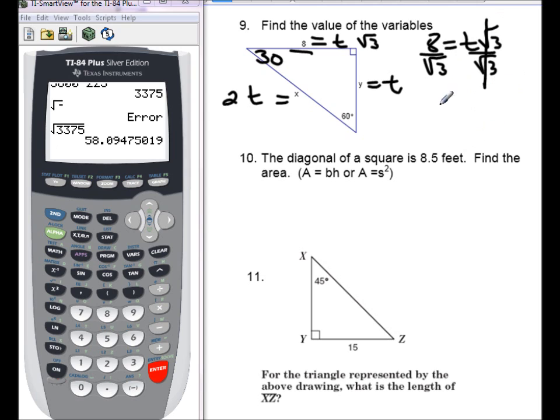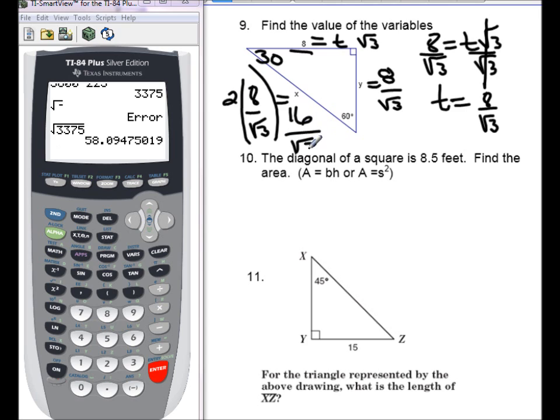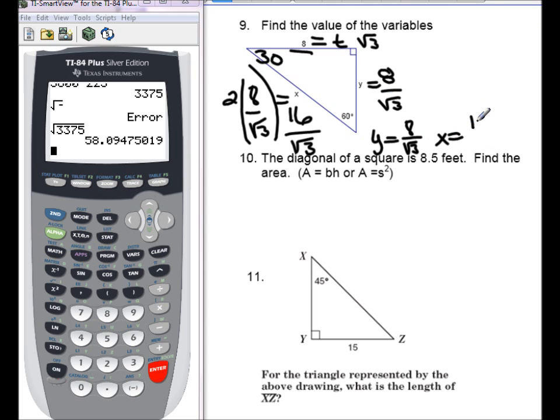So t is equal to 8 over the square root of 3. Everywhere we see a t, we now replace it with 8 over the square root of 3. Here we replace it with 8 over the square root of 3, and then clean it up a little bit. 2 times 8 is 16, so this is 16 over the square root of 3. So y equals 8 over the square root of 3, and x equals 16 over the square root of 3.